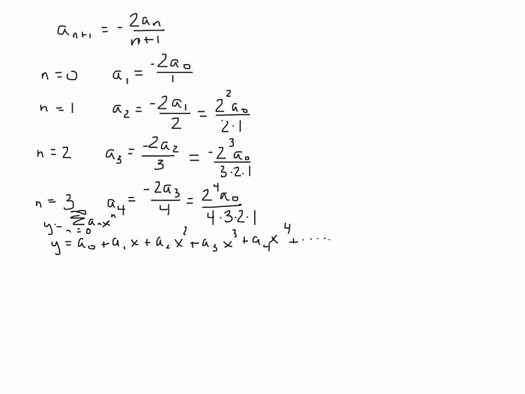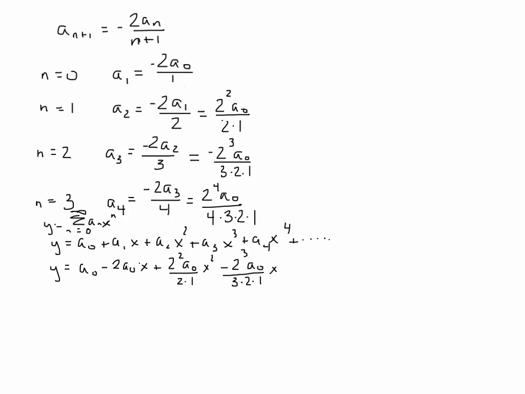So now I'm going to take all these a's that I just found, and plug them into this equation. Now a naught, everything else is in terms of it, so I'm going to leave it a naught. a1 was negative 2 a naught, and that's times x. a2 is 2 squared a naught divided by 2 times 1, and that's times x squared. a3 is minus 2 cubed a naught divided by 3 times 2 times 1.